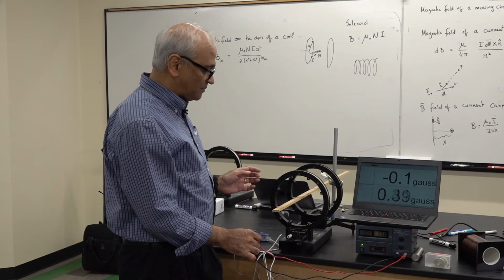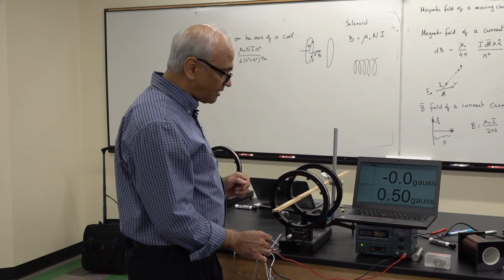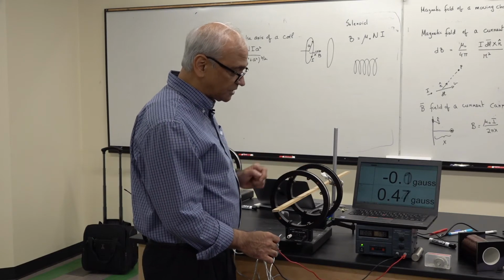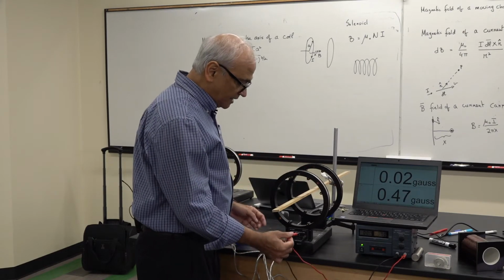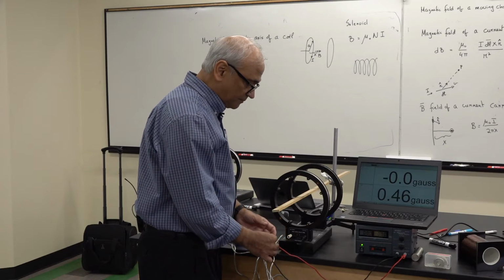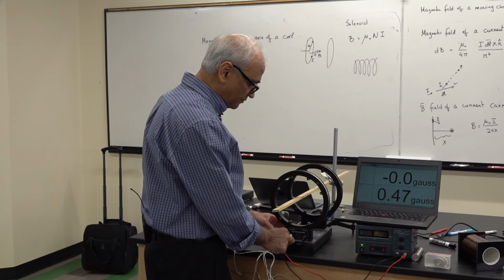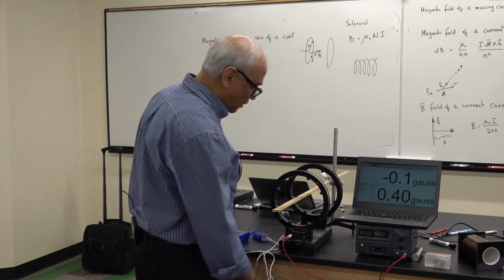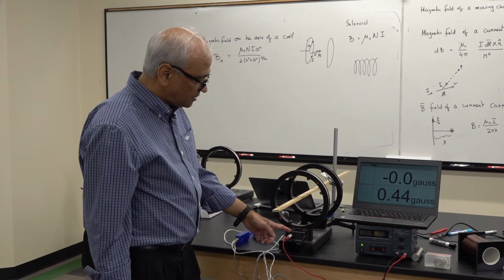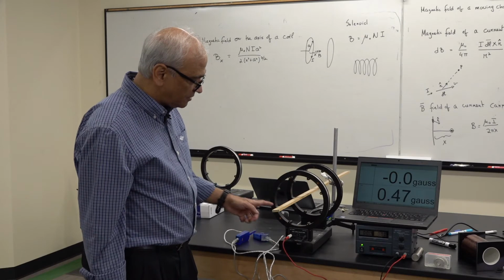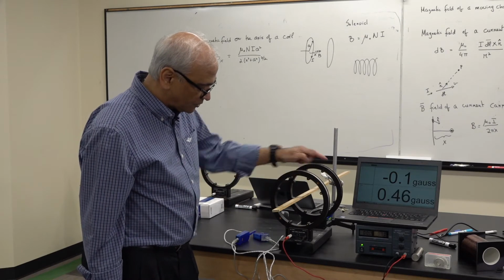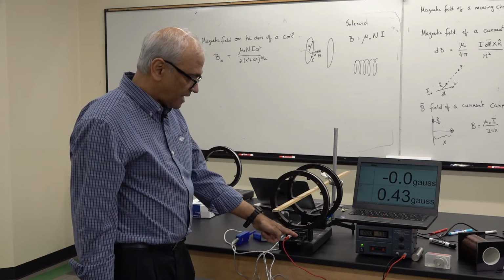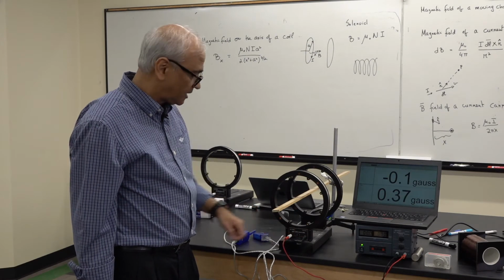So this is what happens. You'll see the current, we will monitor the current. If I, let's say that I'm going in here, okay? So the current goes here, turns around and comes out here, okay?